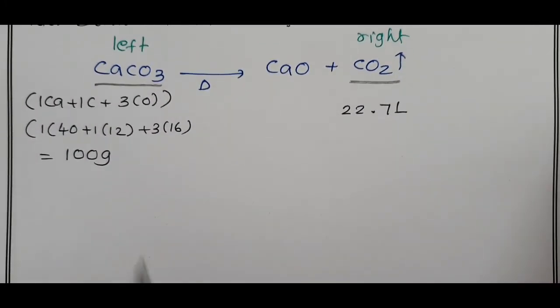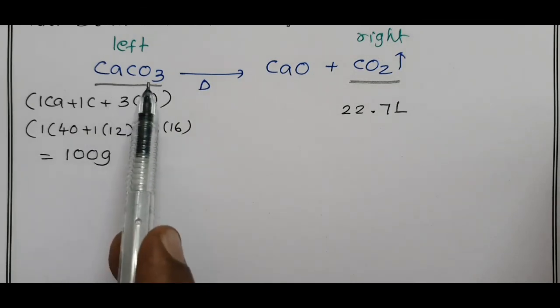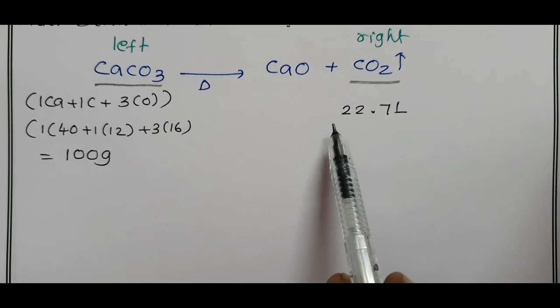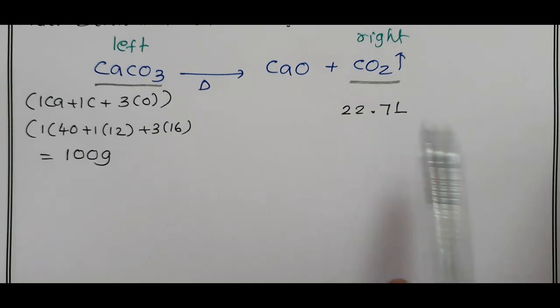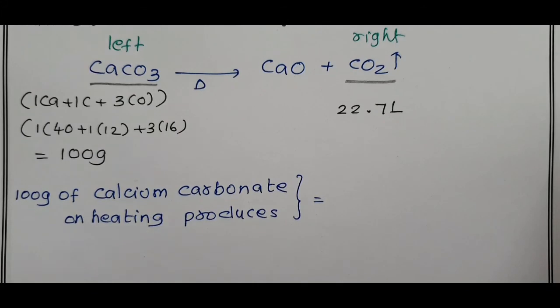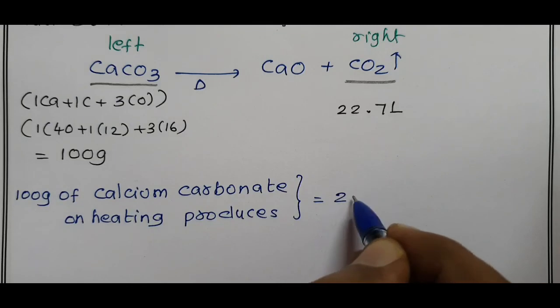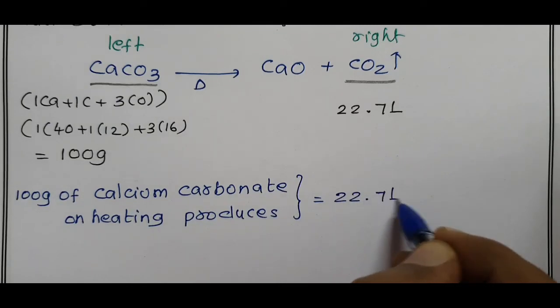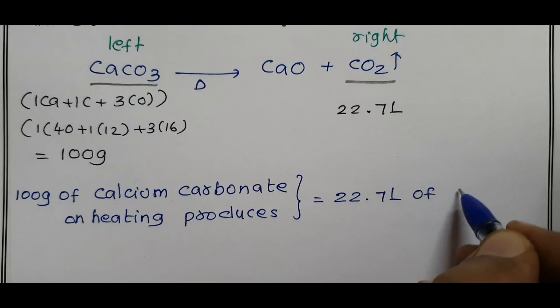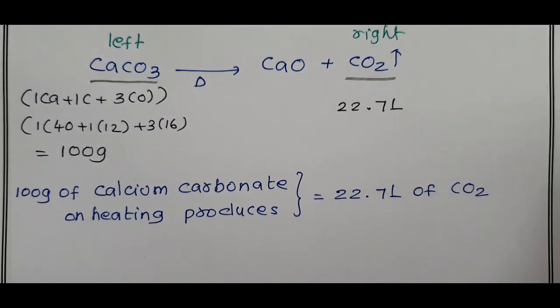First sentence from the problem: 100 gram of calcium carbonate on heating produces 22.7 liter of carbon dioxide at standard temperature and pressure.